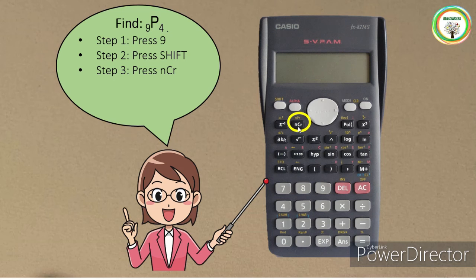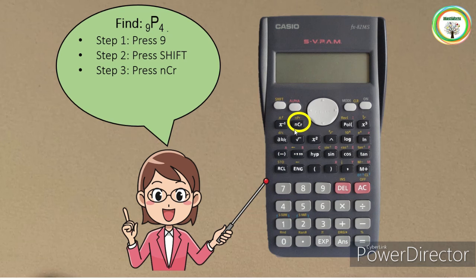Okay, so this key is for the combination. That is for our next lesson. But because we pressed shift before pressing this key, which is for the combination, the function becomes the one written in yellow, which is NPR or for permutation.